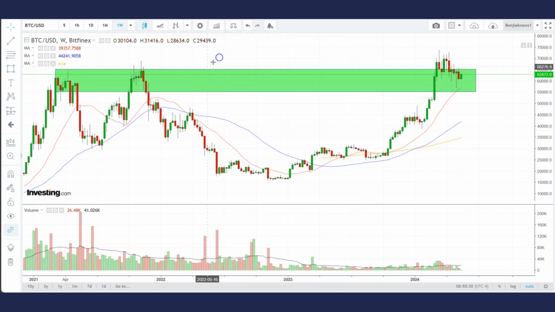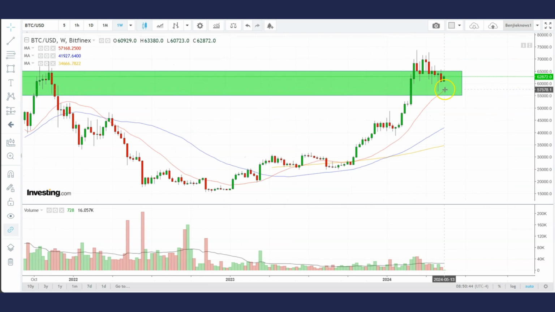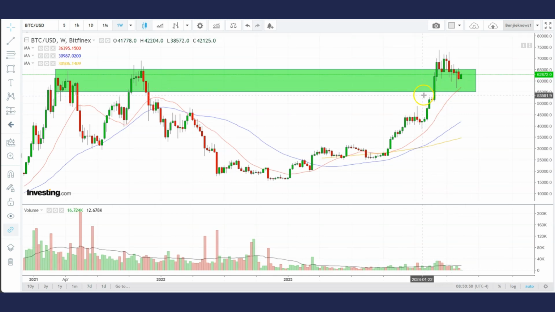Alright, support is an area, or some of you might know it as demand. Previous highs, once overcome, this becomes an area of demand or support, and it's near the rising 20 MA in the weekly chart. So there is a possibility that Bitcoin might reverse and go up.